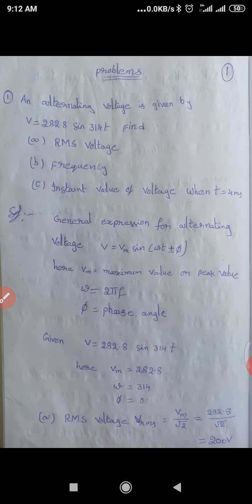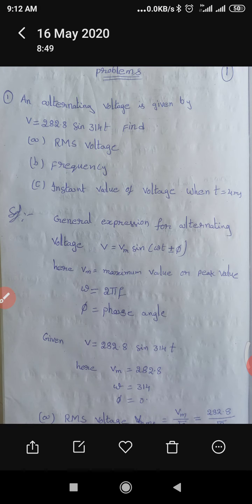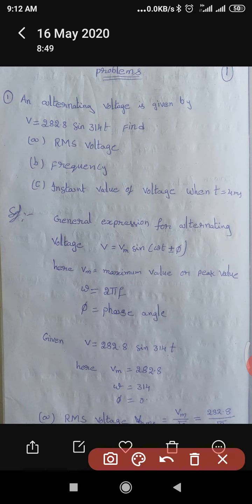Next, we have to find out the frequency. How can we find out this frequency? Generally omega is equal to 2 pi f. Already we know the value of omega from the given equation, that is 314. So 314 is equal to 2 pi f.